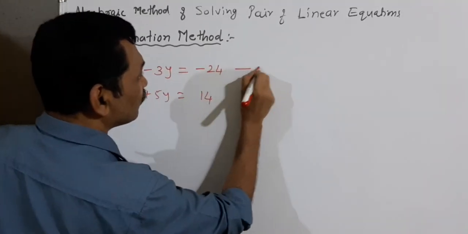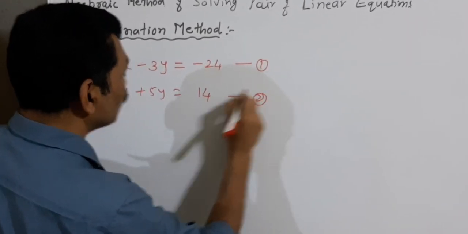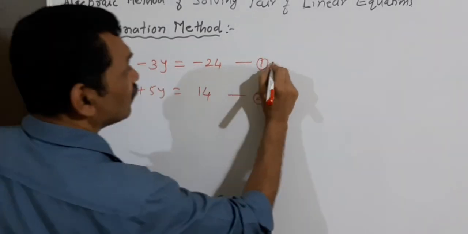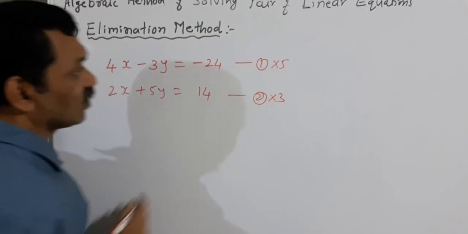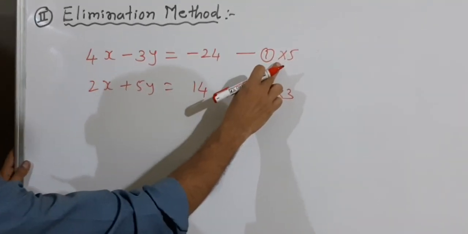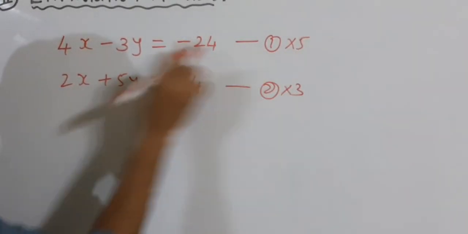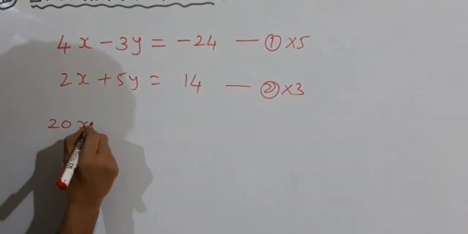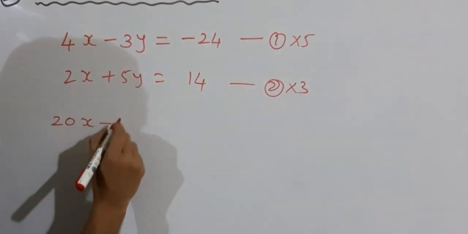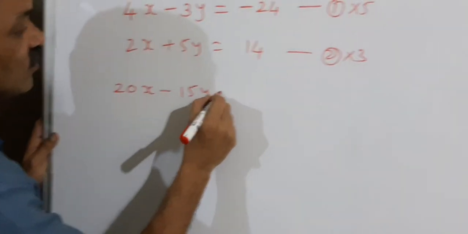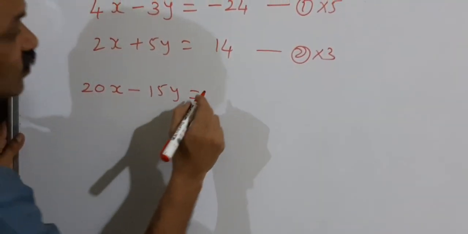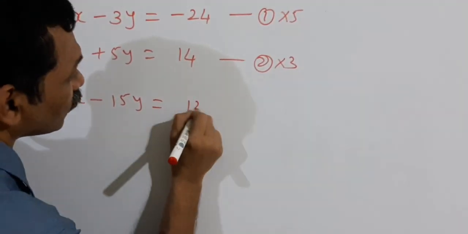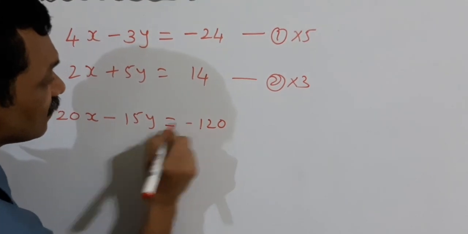So I am writing this as equation 1, and this is equation 2. This 5 I am multiplying here, and this 3 I am multiplying here. When we multiply equation 1 by 5, what will we get? 5 fours are 20x, minus sign as it is, 5 threes are 15y, is equal to 24 times 5, 5 fours are 120, minus sign as it is.